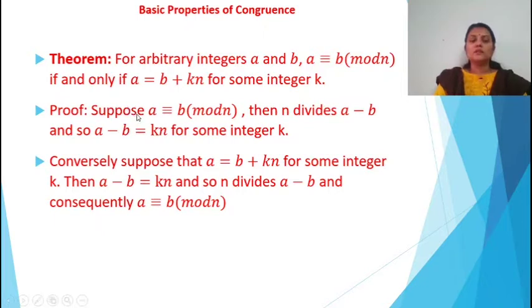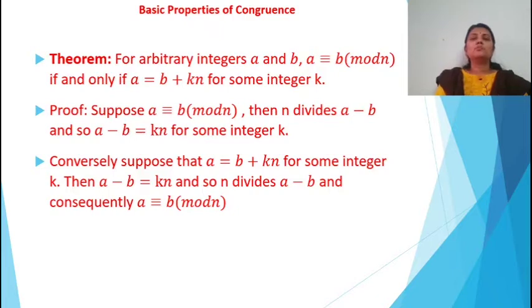Given a congruent to b mod n, then n divides a minus b, and so a minus b equals kn for some integer k. Conversely, suppose that a is equal to b plus kn for some integer k. Then a minus b equals kn, so n divides a minus b, and consequently a is congruent to b mod n.